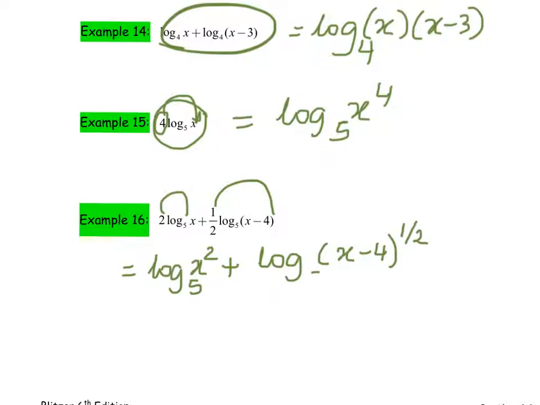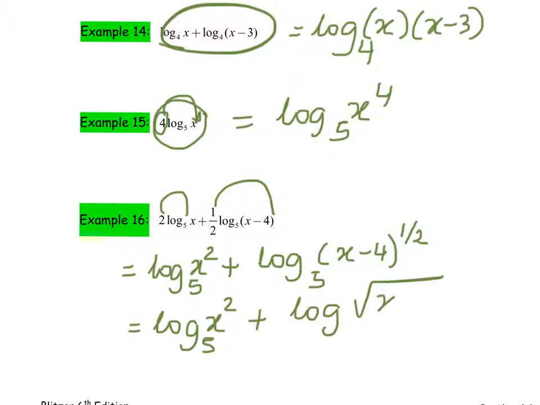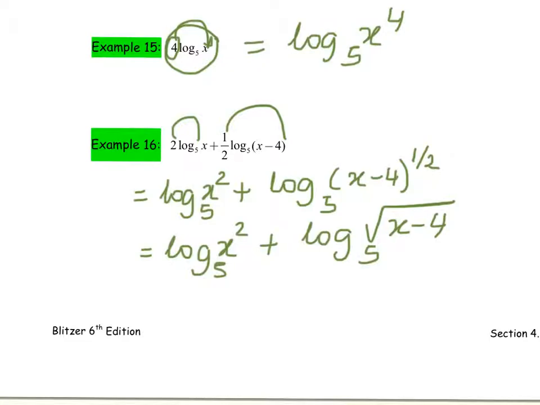Log (x minus 4) to the power half is nothing but log of the square root of (x minus 4) base 5. And again, this is addition. Addition of logs becomes multiplication. Double log becomes single log: x squared times the square root of (x minus 4) base 5.